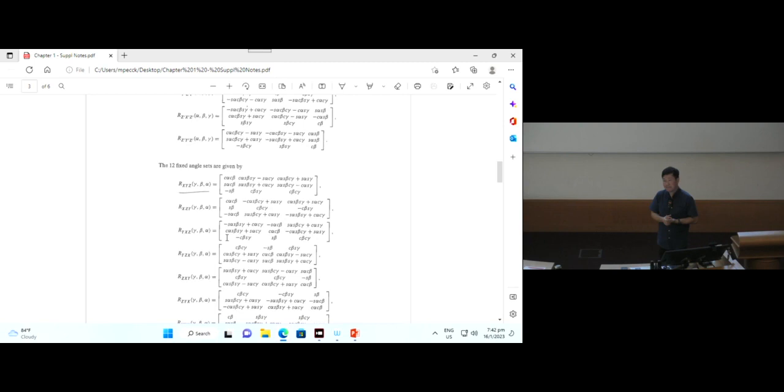Is that gamma, beta, alpha specific to the rotation axis? Sorry? Is the gamma, beta, alpha specific to the specific axis? Yes. The alpha, beta, gamma will still rotate around the x.